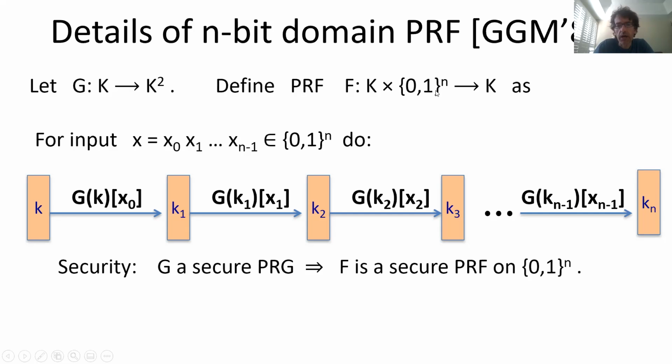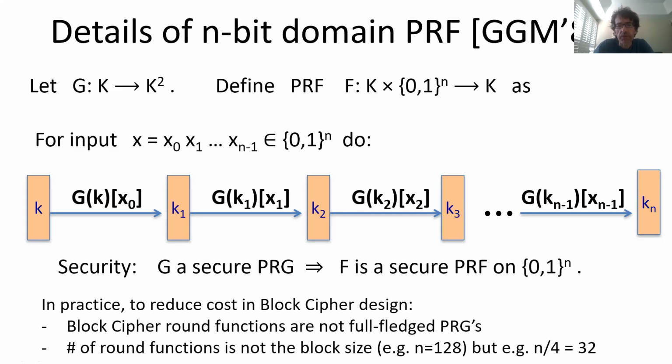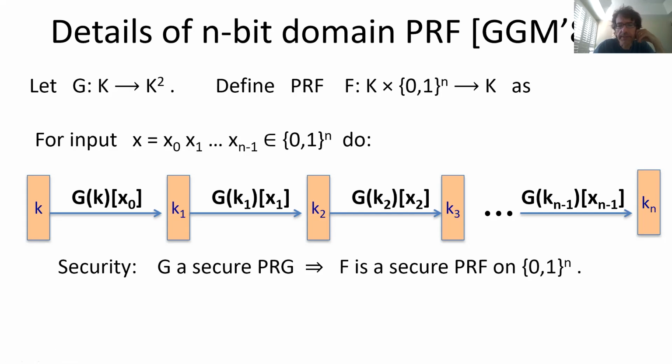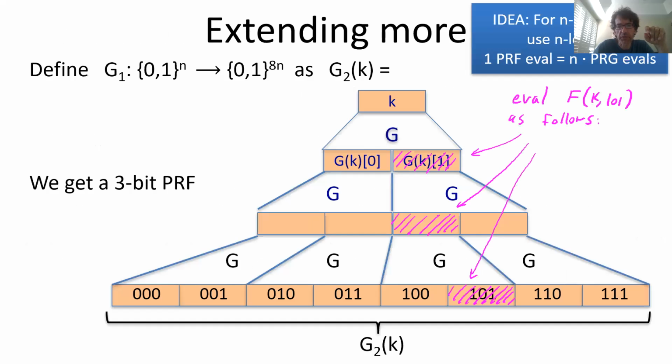Now it is instructive to see the proof of security for this, because it is not fully implied by the same arguments that we have seen before for the PRGs.